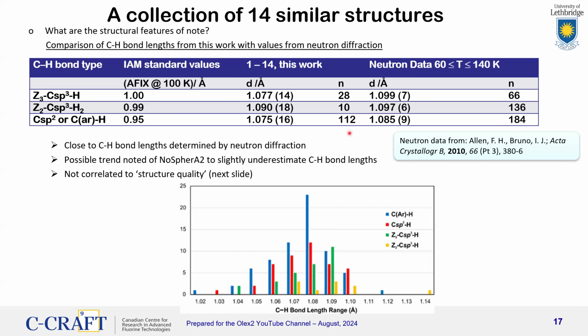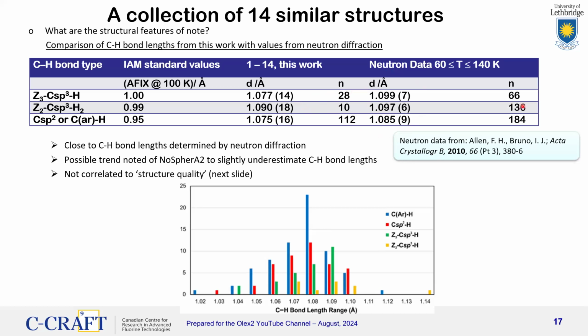We had 112 of those in our data set. And these are the average values with their standard deviations. You can see that they're pretty precise. And moreover, they are not far away from the values you would get from typical neutron values. Now, these neutron diffraction data are not on our compounds.